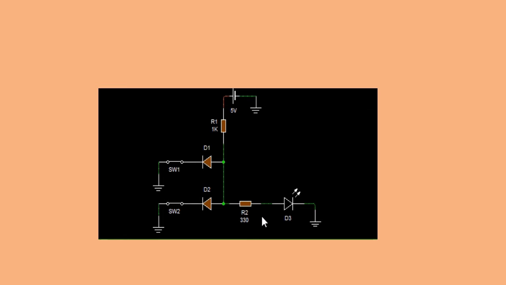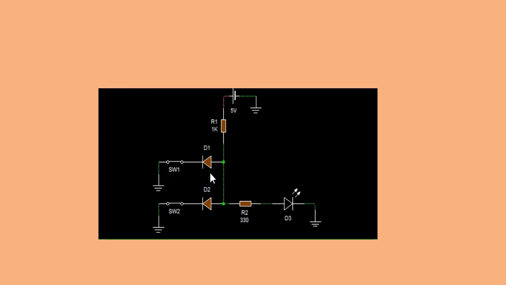So the first condition, when we close both switches, that means switch 1 and switch 2. Both switches are in closed condition. In this condition we see the current flow direction through the circuit.